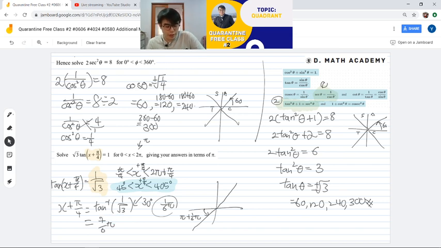Okay, I color code it so you can differentiate it better. 7 over 6 pi is for us to identify this. So remember that I mentioned earlier, because the range has changed, so I won't be including 1 over 6 pi.